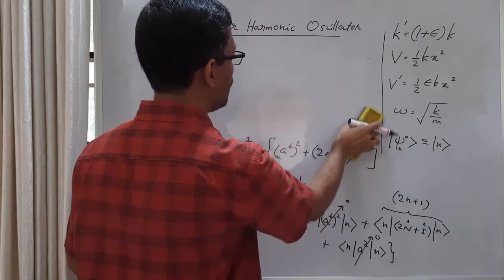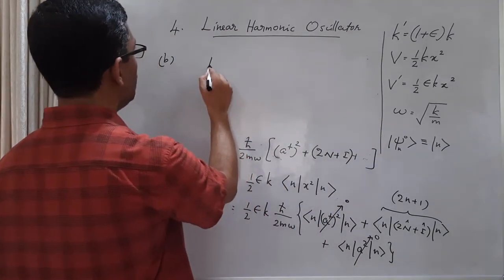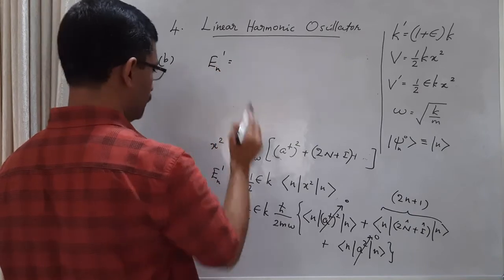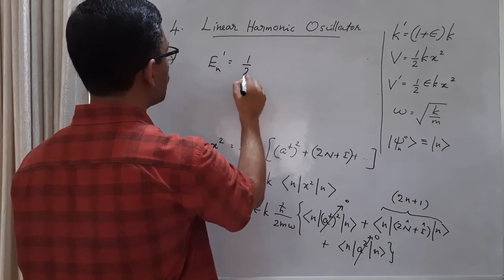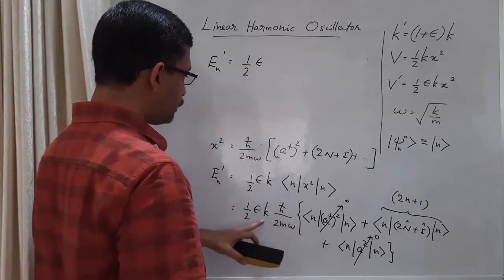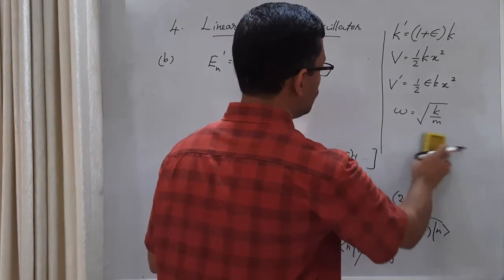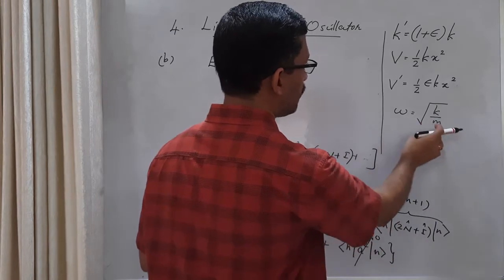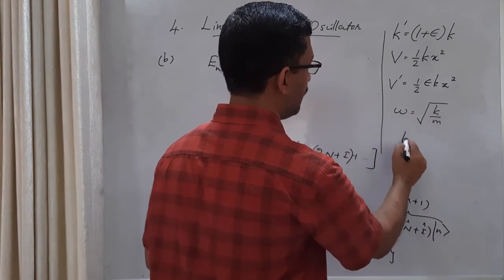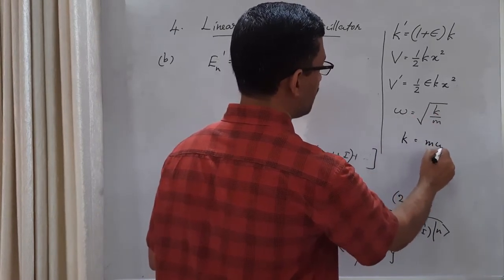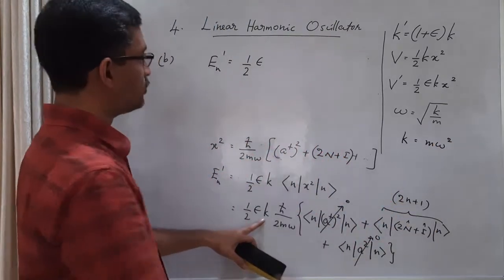we can write down the value, E_n^(1) is equal to half epsilon. Instead of k, let me write from here, if you take square on both sides, omega square is equal to k by m, so k is equal to m omega square. So I can substitute that value here.